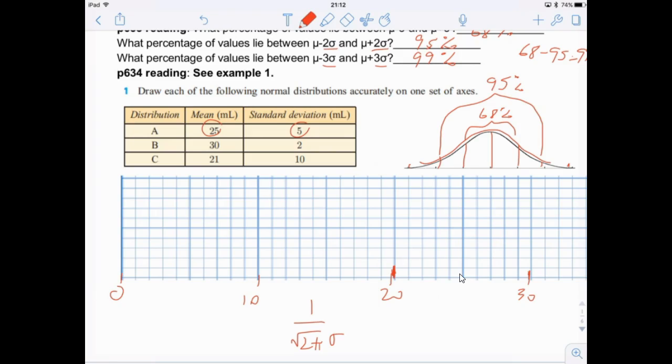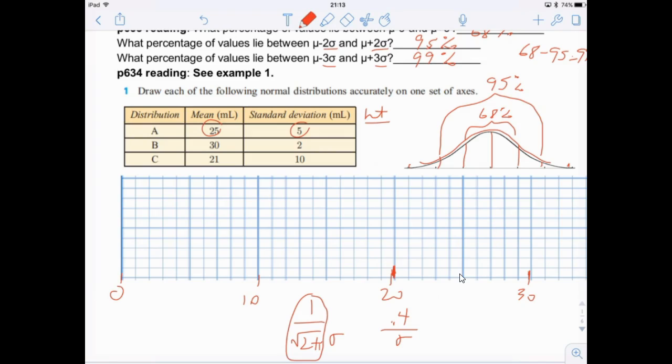And 1 over square root of 2 pi is really close to 0.4, because 2 pi is 6.28, the square root of 6.28 is about 2 point something, and 1 over that gives something like 0.4. So the height is 0.4 over sigma, which we use to determine the height of the normal curve at the mean, mu.